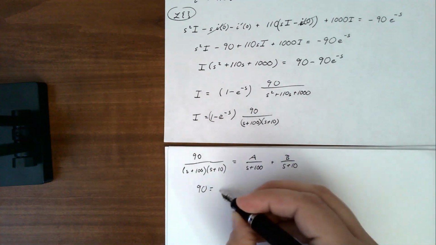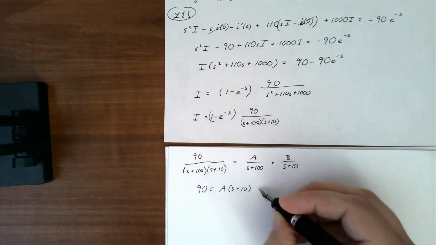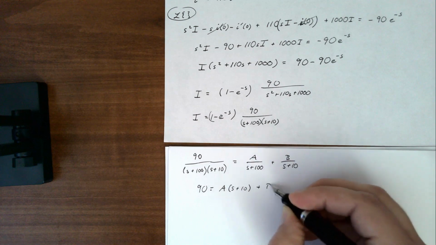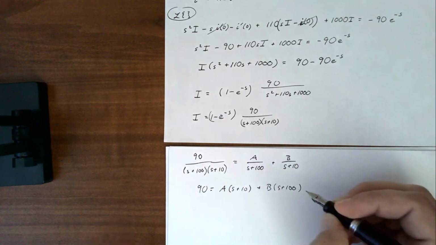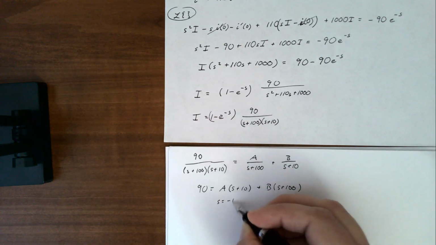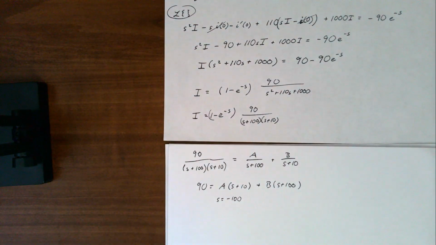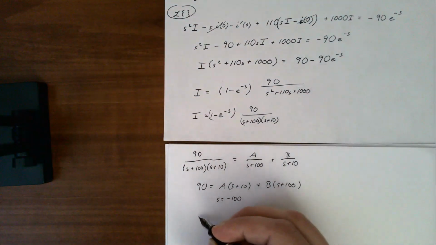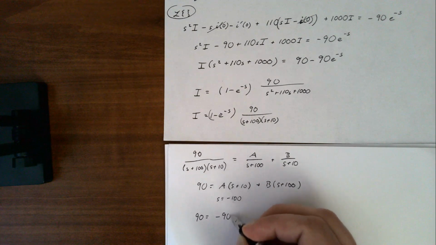Okay, so then, what does it give us? 90 equals, now we have A times s plus 10, plus B times s plus 100, which by our usual maneuvering, we can set s equal to some strategic values here, such as negative 100, which gives us that 90 equals negative 90A.